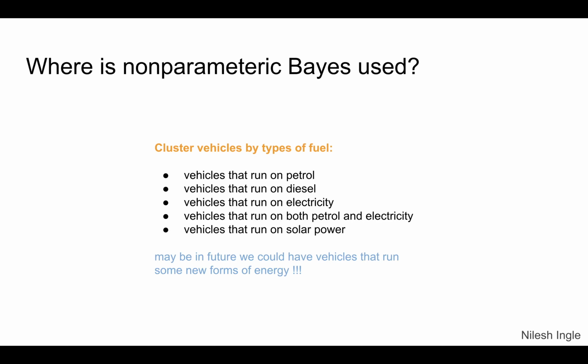So here is a very crude example. Let's say we have data, and we are trying to cluster vehicles by their fuel type. The vehicles could be running on petrol, gas, or they could be running on diesel, electricity, or they could be hybrid vehicles running on petrol and electricity, or they could be running on solar power.